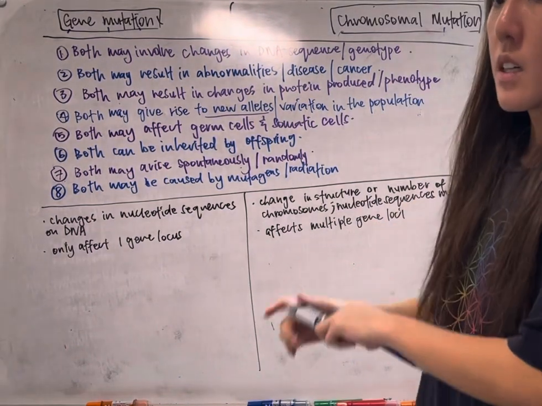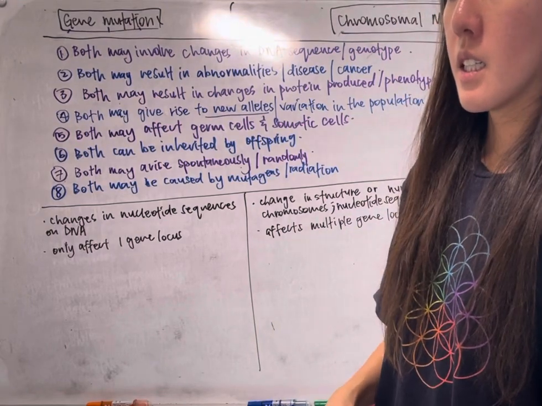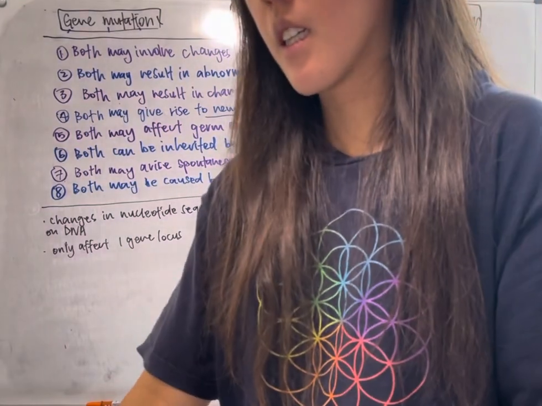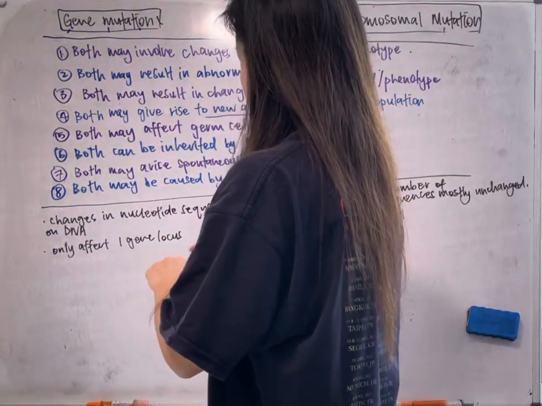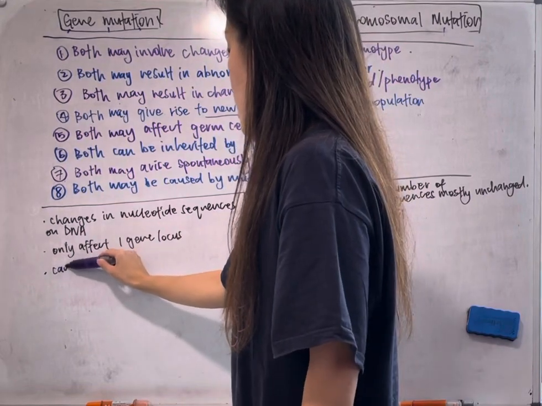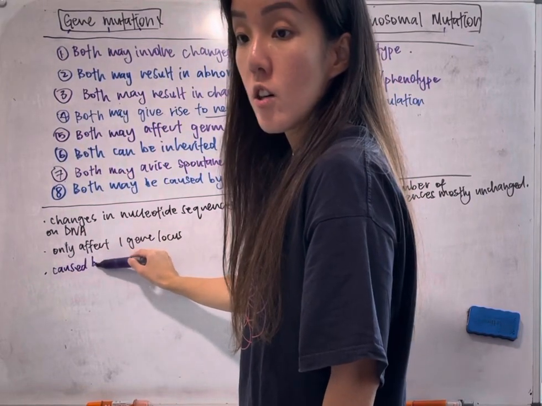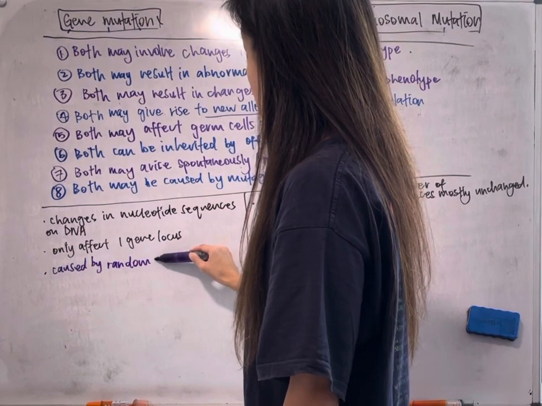Okay. Another difference I also can talk about is what it is caused by. So hopefully you know this is actually, let me write in another color. Sorry, I forgot to write in the other color just now. So this one is caused by random error during DNA replication.